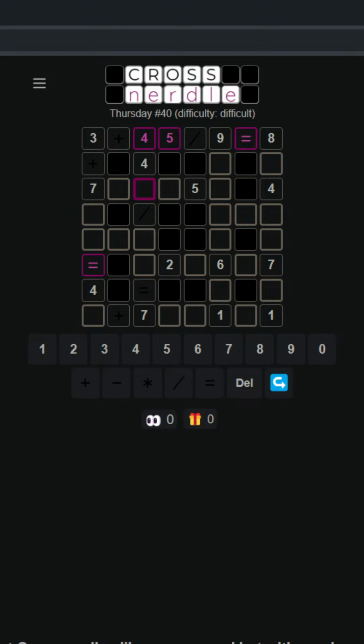I gotta bring out a calculator. Alright, I got the calculator. 441 divided by x is equal to 7. So then it's either 63 or 64. Those are our only two options.